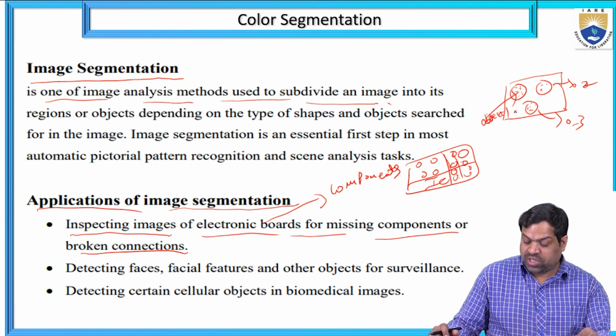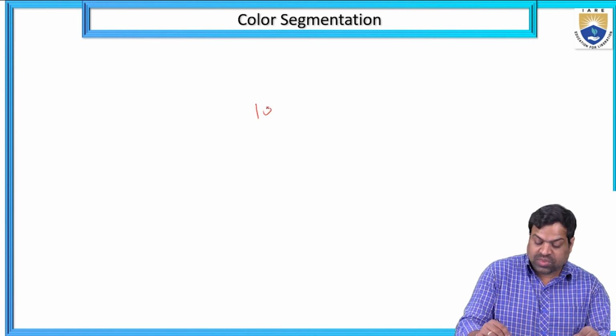Suppose in my vision 100 components are there.